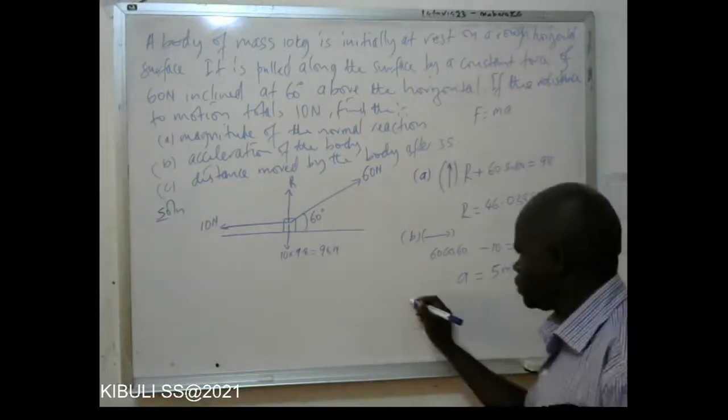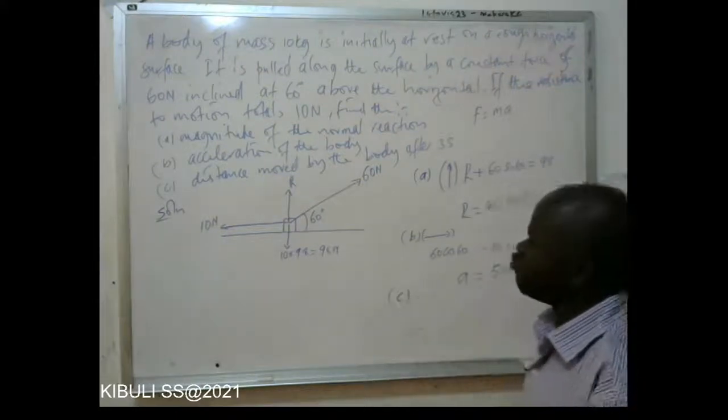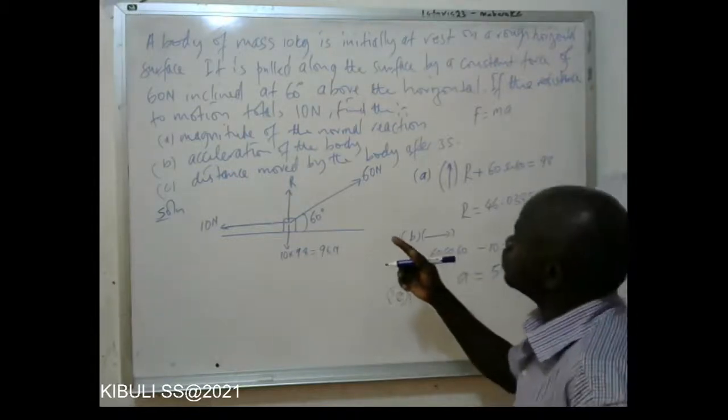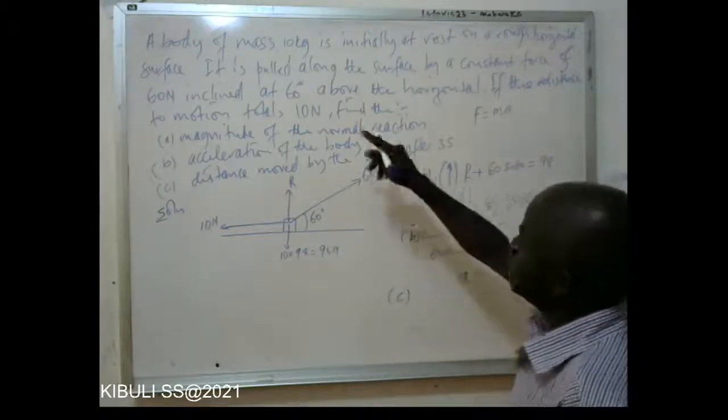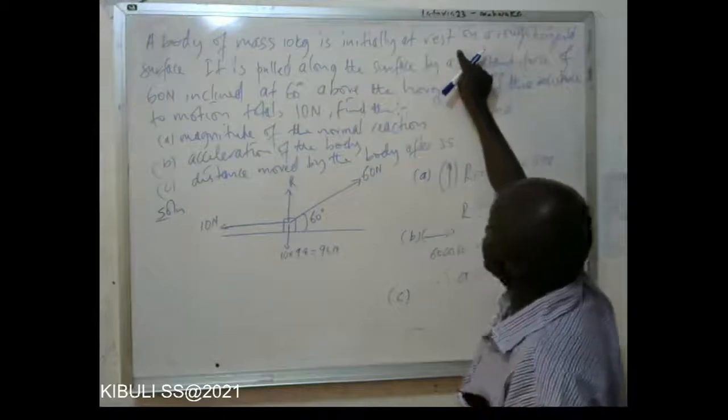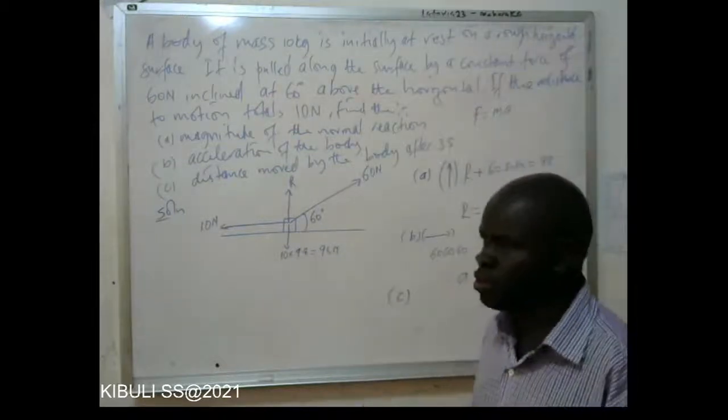Then lastly, part C is saying that we find the distance moved by the body after 3 seconds. Initially the body was not moving. The question tells us that the body is initially at rest on a rough horizontal surface.